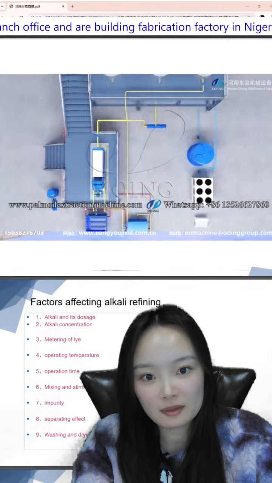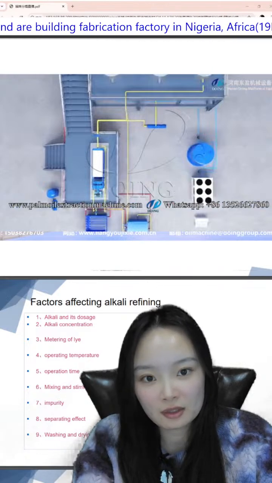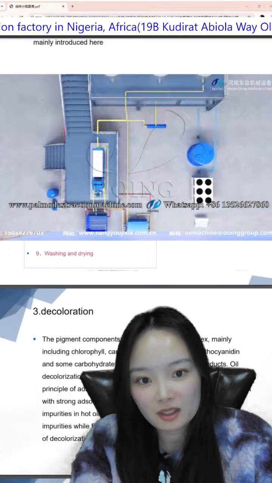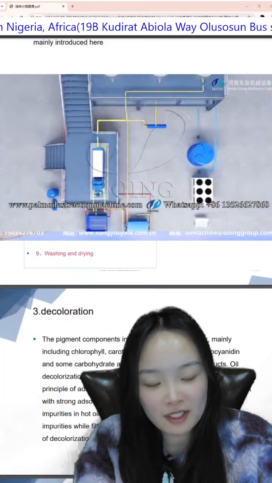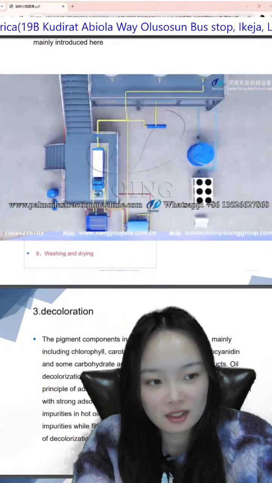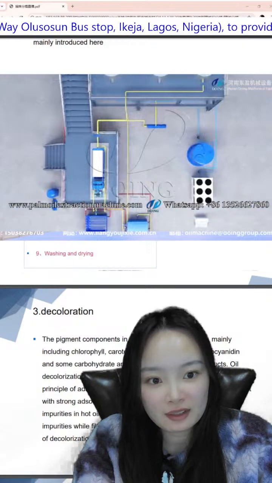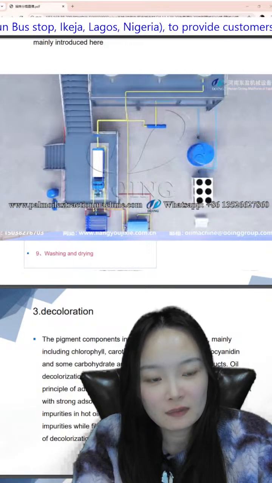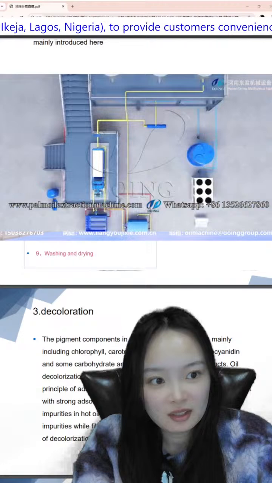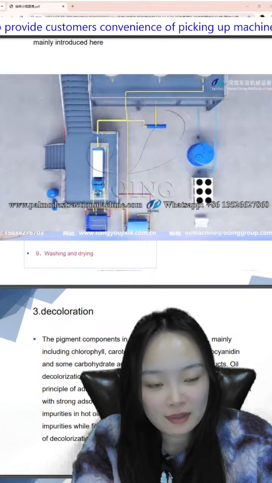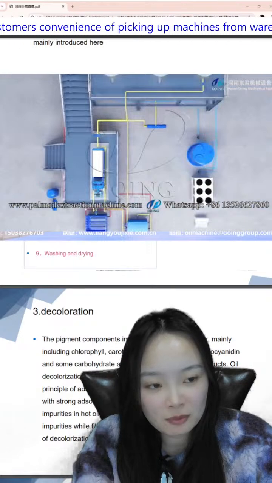And then is the decoloration. The pigment compounds in vegetable oil are complex, mainly including chlorophyll, carotene, flavonoid pigments, iodine, and some carbohydrate and protein decomposition products.